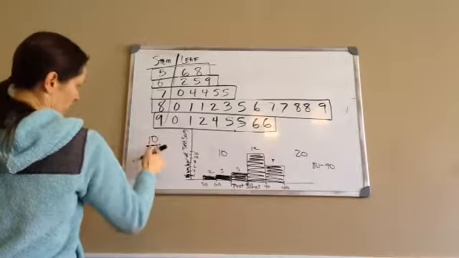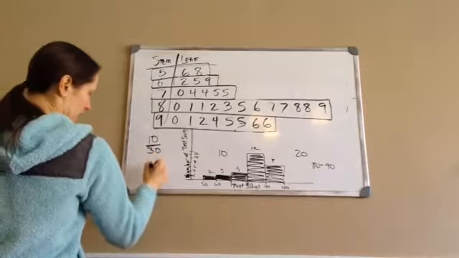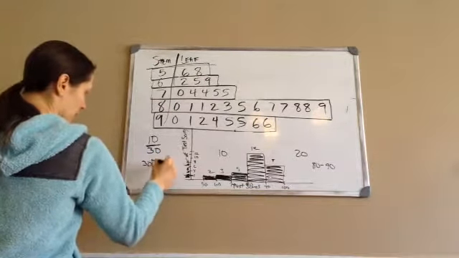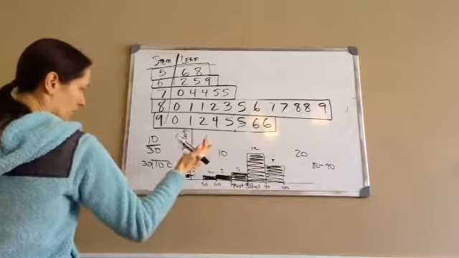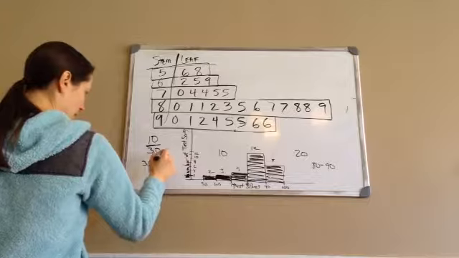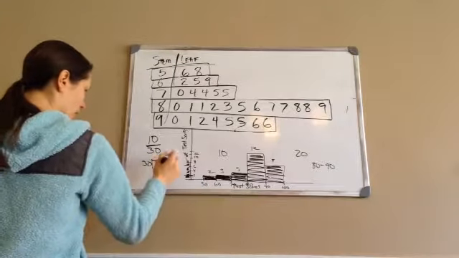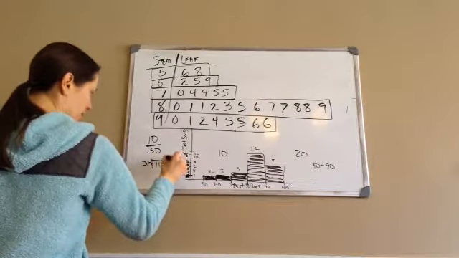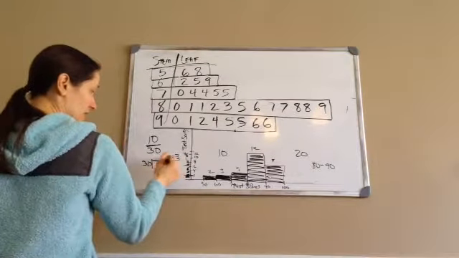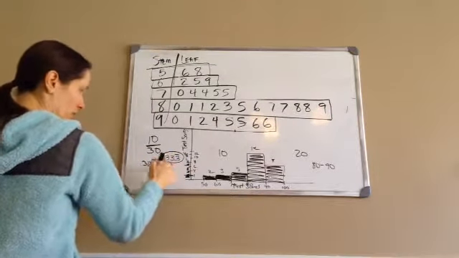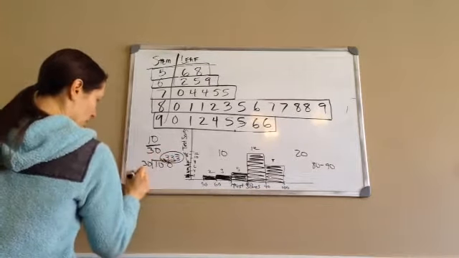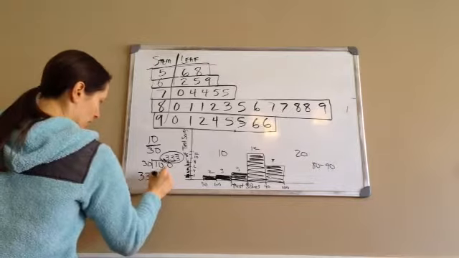So you would just take 10 divided by 30, and you would end up getting something like 33.3%. This would be 3, 3, 3, and the decimal would be here. Because this is the decimal answer, but as a percent, you always move the decimal 2 places to the right. So it would be 33.3%.